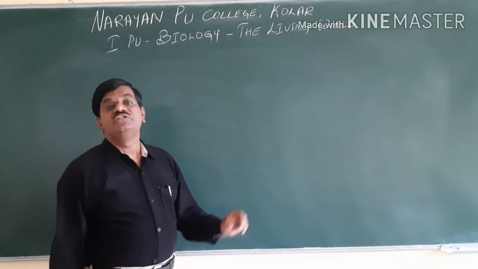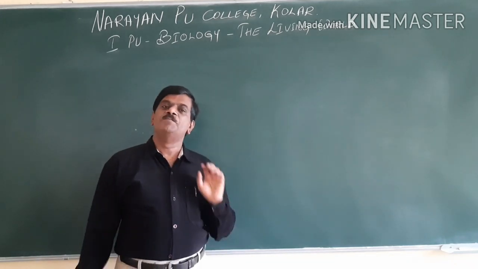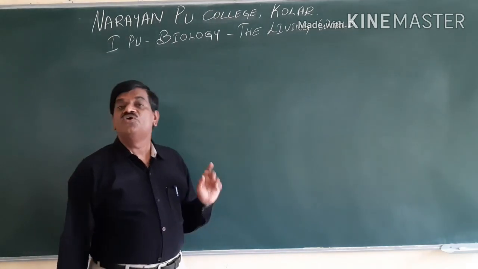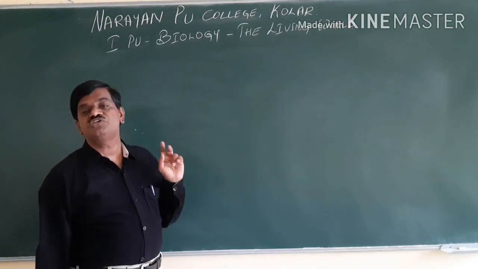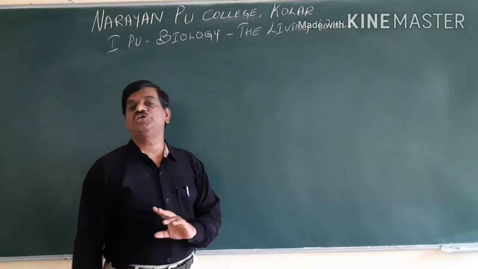I was talking about the characters of living organisms. All living organisms are classified based on various characters. First I talked about the cell. All living organisms should have a cell, either a prokaryotic cell or a eukaryotic cell.